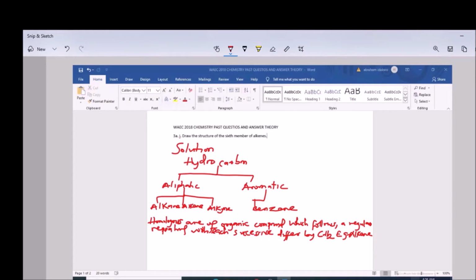Now we have to provide the structural formula of alkanes, being one of the homologous series. Now the general molecular formula of alkanes is CnH2n, while the first member will be C2H4 by substituting the 2, that is the carbon 2, as the number of n.